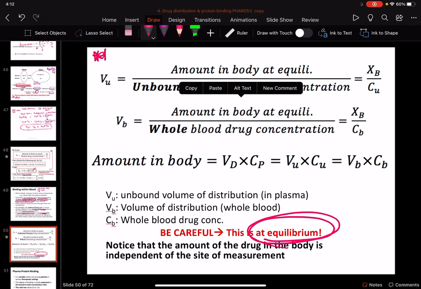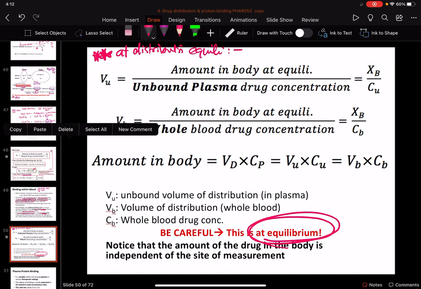So this is important to be at distribution equilibrium. Okay, other than that you can't use those kind of things.